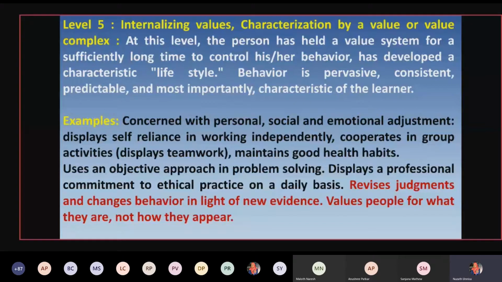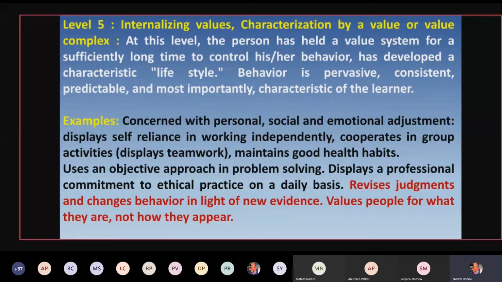Example, the learner displays consistently thorough commitment towards the ethical practice of this value system. Or we can say revises judgments and changes behavior in light of new evidence. Values people for what they are, not how they appear to be. So this is the highest level of affective domain.